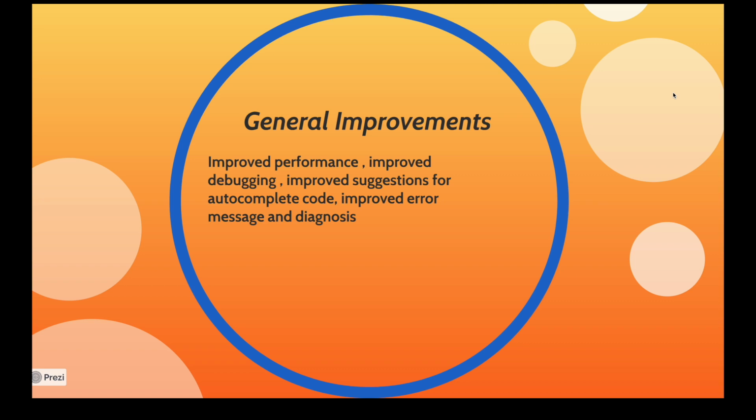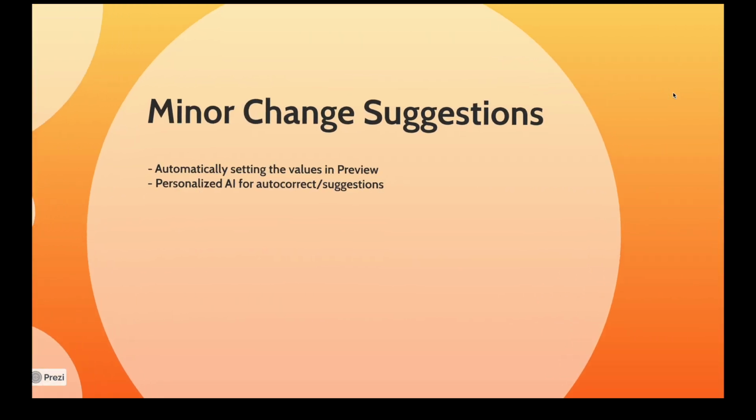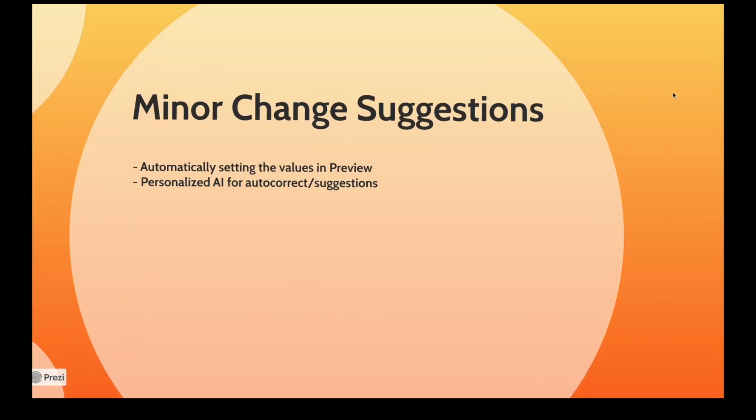Next, there are some minor changes that I really look forward to. I did not propose these changes to Apple in any feature suggestions, but they are things like setting the values in preview automatically, like default values which we are able to change, and personalized AI for autocorrect suggestions.